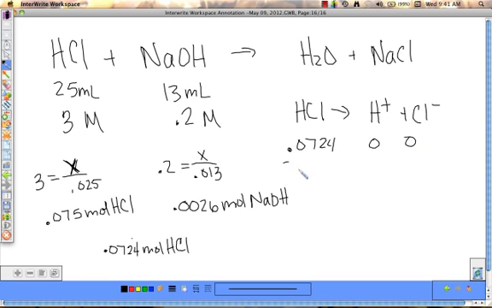Strong acid. Oh, so you subtract it. All of it. This is moles, not molarity.